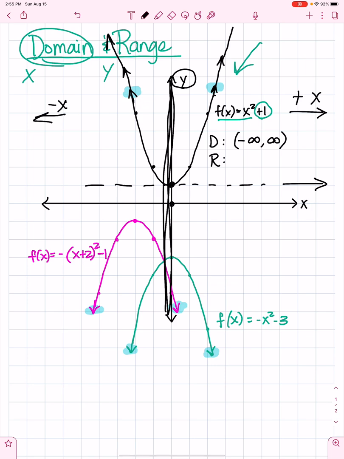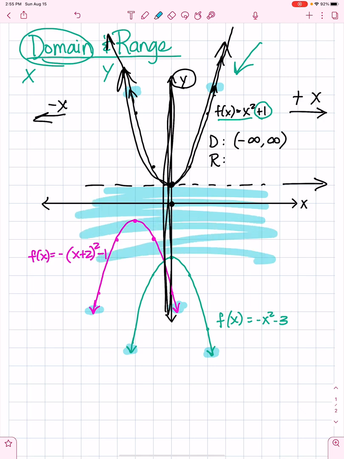We have a value of y at positive 1 here, and then it goes up forever in this direction. That means it's never going to turn around and start going in the other direction, which means all of these values right here for the y are not included in the range.